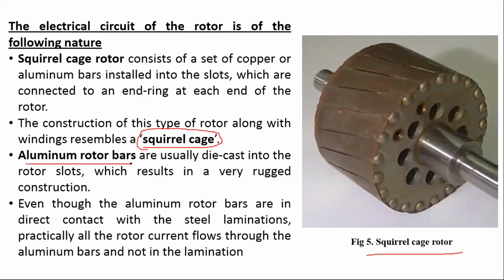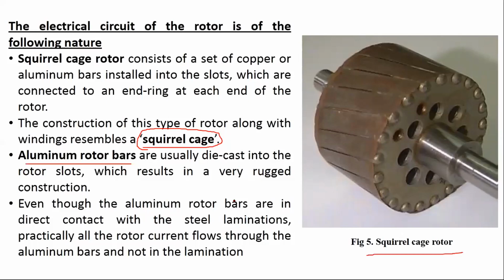Then aluminum rotor bars are also used basically. Aluminum has certain advantages over copper in terms of the price. So the motors with conductor bars made up of aluminum are quite cost effective as compared to the motors which make use of copper, right?